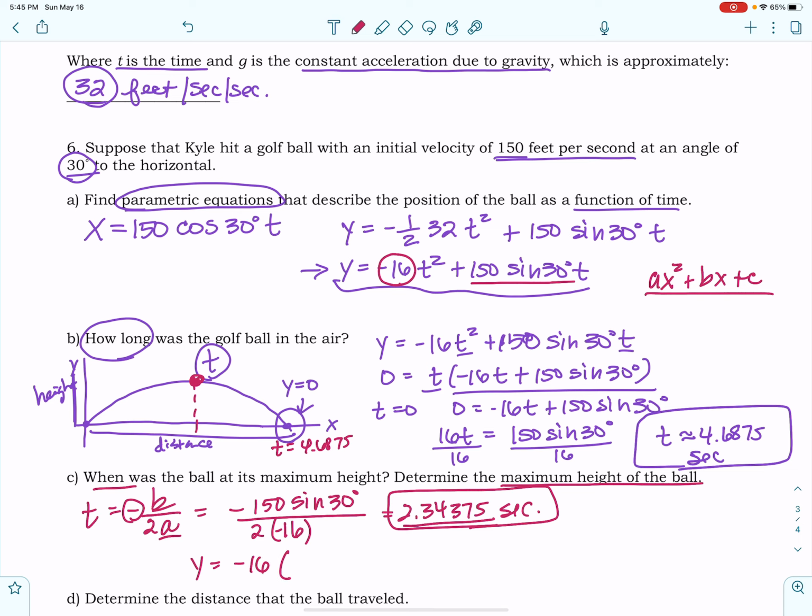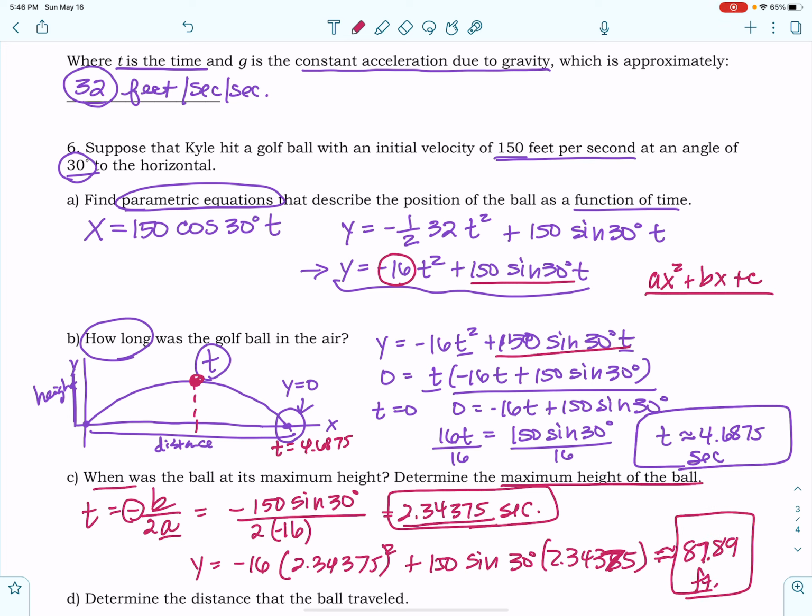Negative 16 times t squared plus that 150 times the sine of 30 degrees times t. And then of course you can just do this in your calculator as well, and that's going to be approximately 87.89 feet. Okay, that's that answer.